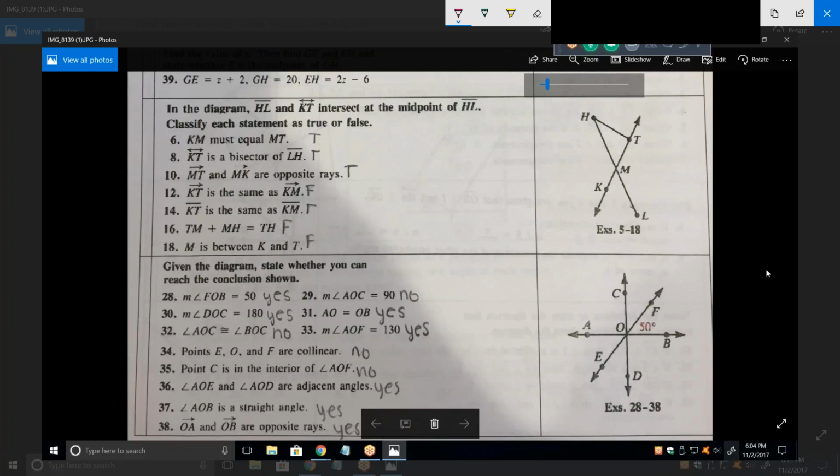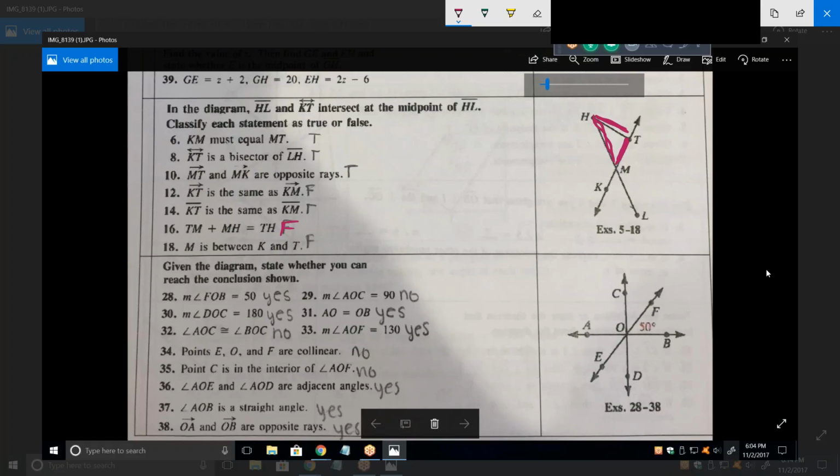So they're saying TM, the length of that, plus MH, the length of that, equals TH. True or false? False, clearly. And for number 18, I meant to say true.